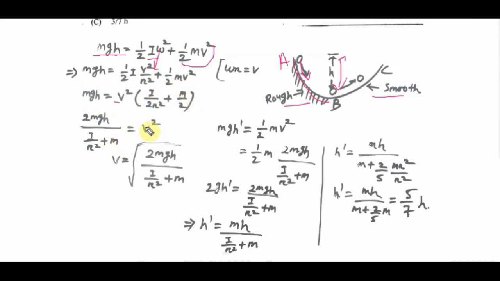So v equals root over of 2 mgh by I by r square plus m. Now mgh dash equals half m v square. By putting the value of v here, we have half of m into v square. Solving this, we will get h dash equal to 5 by 7 h.